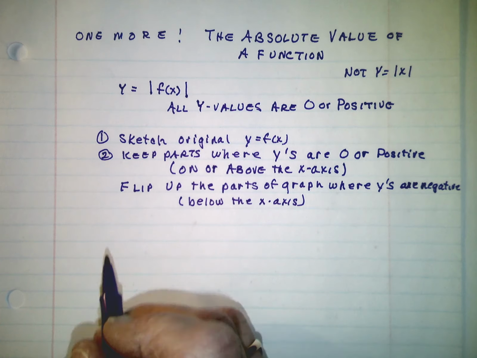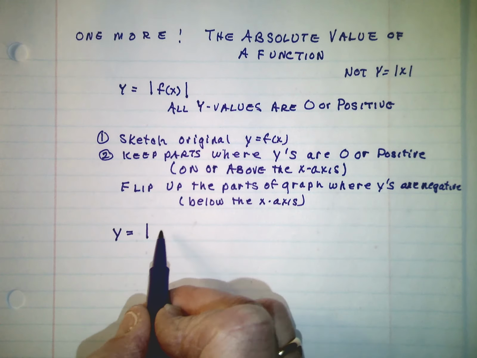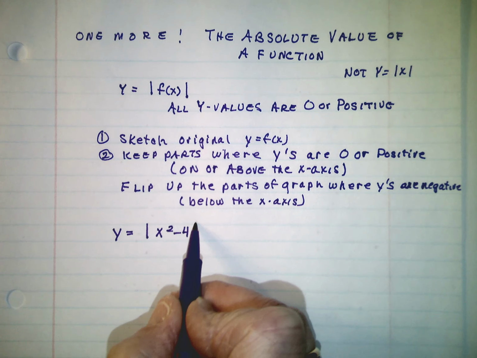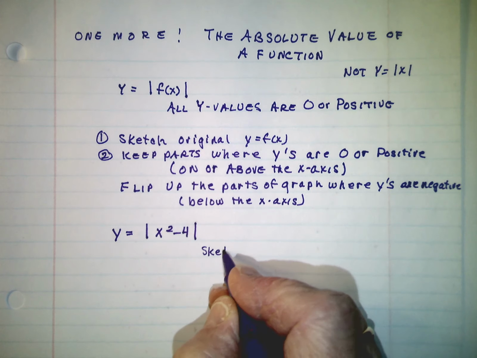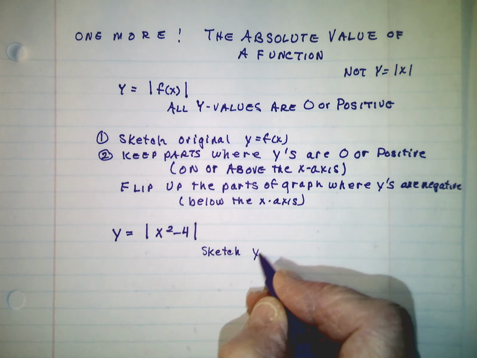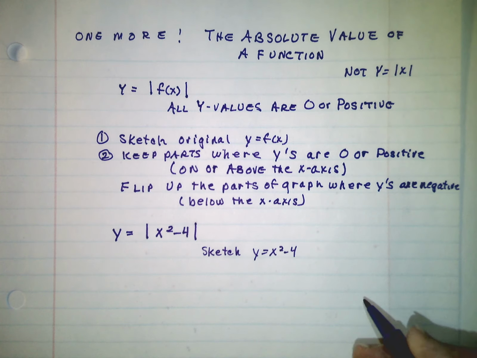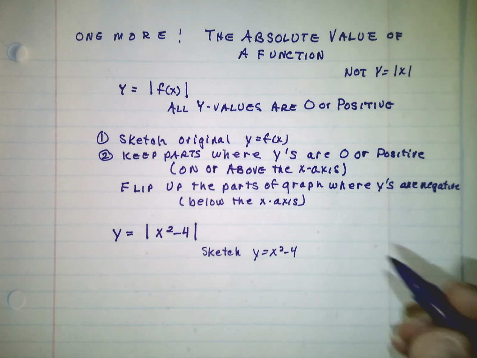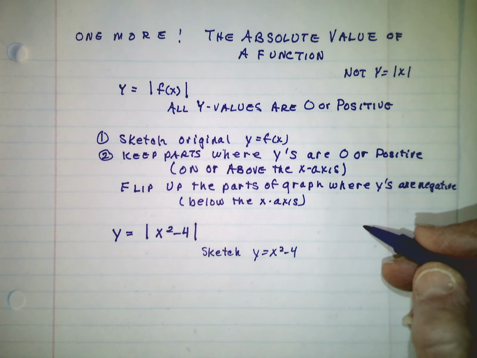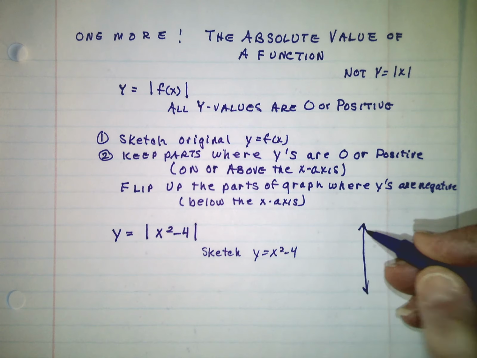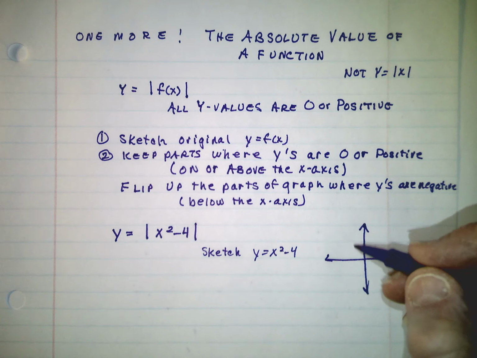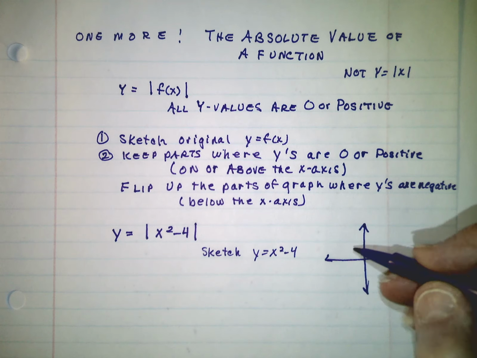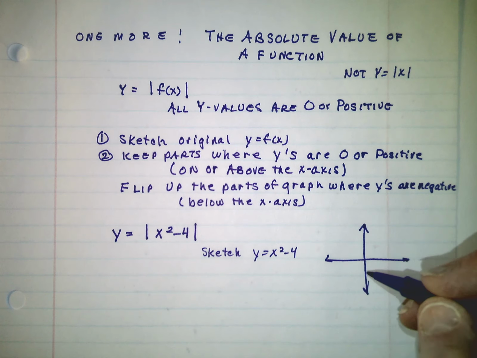So for example, we have y equals the absolute value of x squared minus 4. So first we sketch y equals x squared minus 4. And you know, that's a parabola. And it originally would be above the x-axis, but because it's minus 4, it's going down below the x-axis.